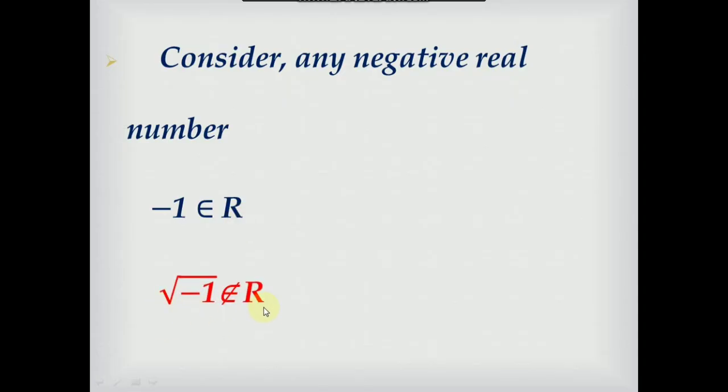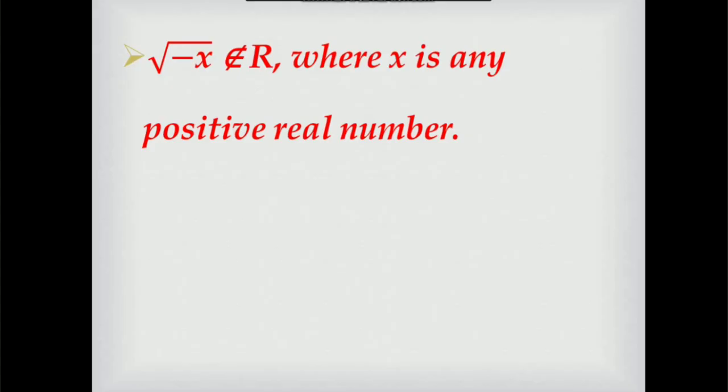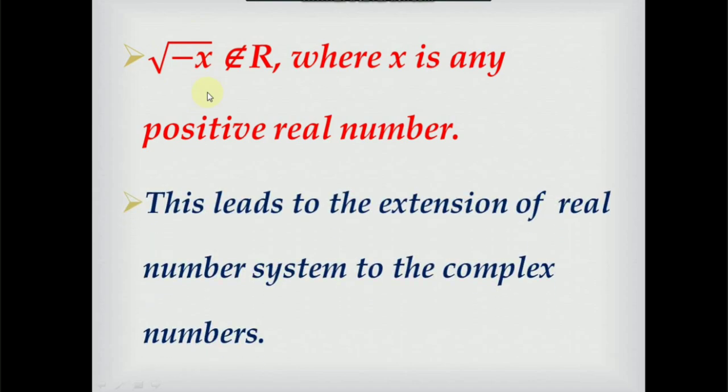We know that root of -1 does not belong to the set of real numbers. That is, there does not exist any real number whose square is -1. In general, we can say that root of -x does not belong to the set of real numbers, where x is any positive real number. That is, it is impossible to find the square root of a negative number in the set of real numbers. This is the limitation of the set of real numbers.